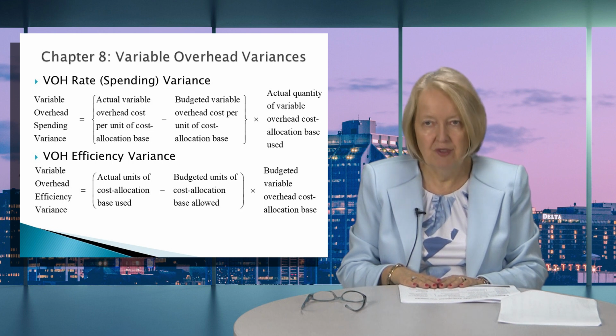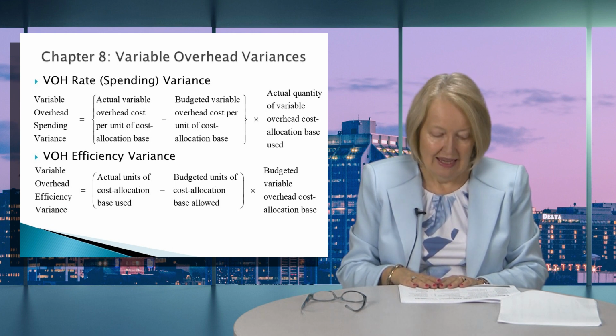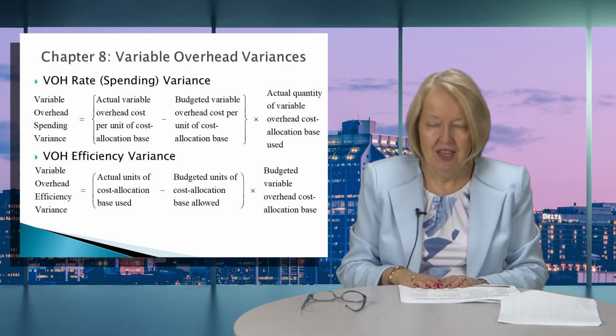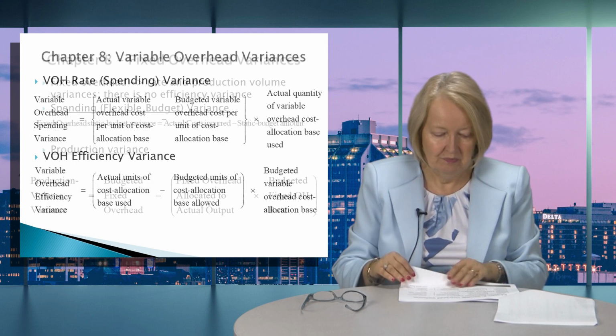And you will have efficiency variance. So spending, did you spend more on overhead than you had planned to or budgeted? And efficiency variance, did you use more of the cost allocation base than you had anticipated?